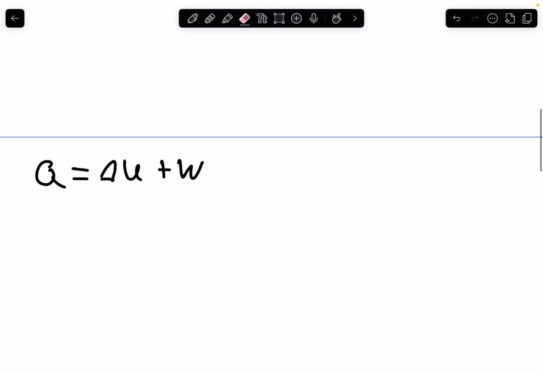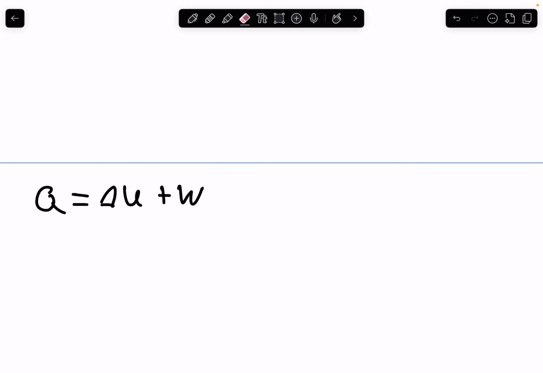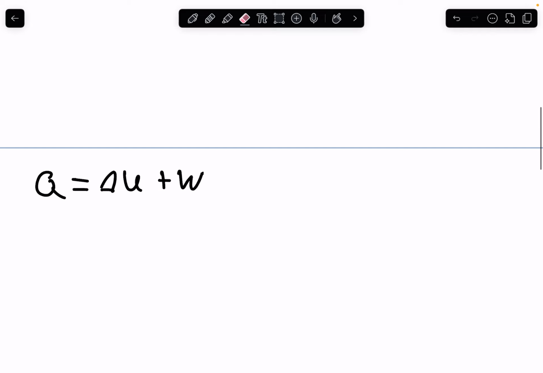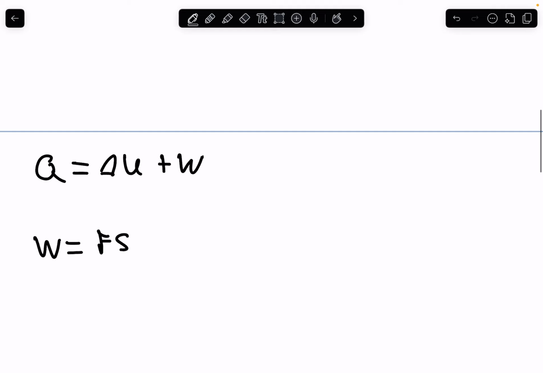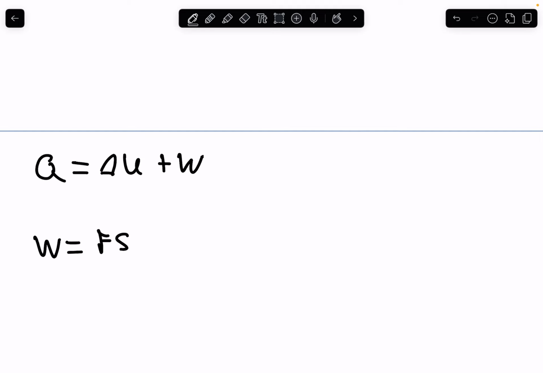So let's start with work here. The definition of work that you know is that work equals force times displacement. I wanted to derive the equation for work for gases here, and I'll show you how. Let's expand.